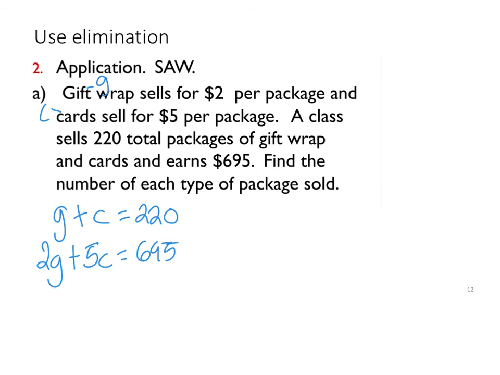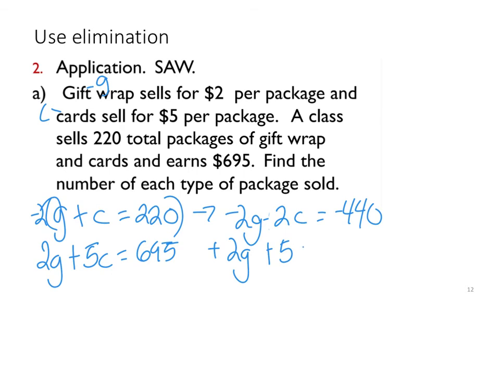I'm going to get rid of my gift wrap first, so I'm going to multiply my top by negative 2. So I have negative 2G minus 2C equals negative 440, plus 2G plus 5C equals 695.